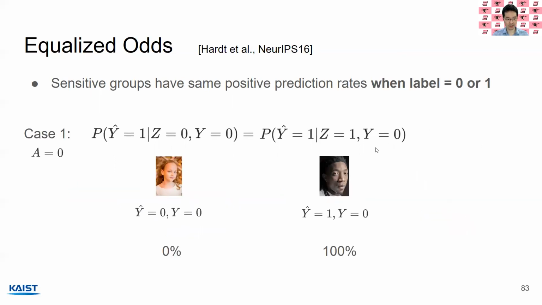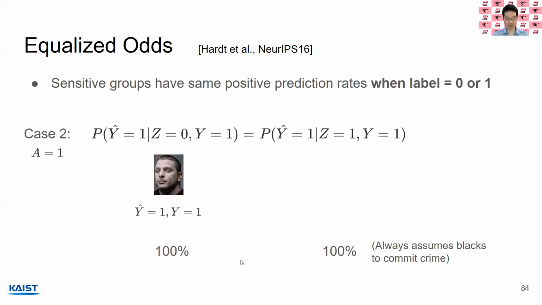Going back to our example, now we have to consider two cases, when a is 0 and when a is 1. When a is 0, let's say that these two people eventually do not commit crime. Then the positive prediction rate for white people is, well, there was 1, 0, so it's 0%. For black people, there was one positive prediction, so it's 100%. So in case 1, there is unfairness going on.